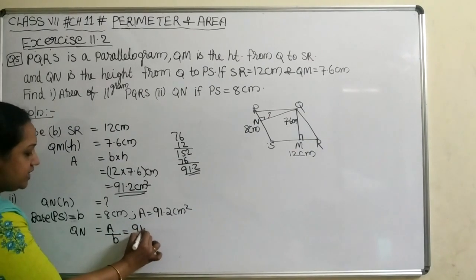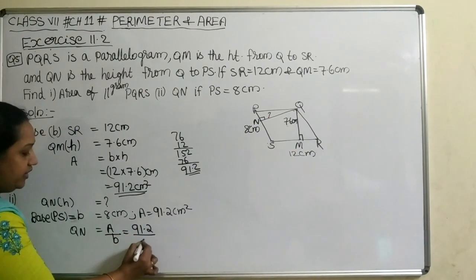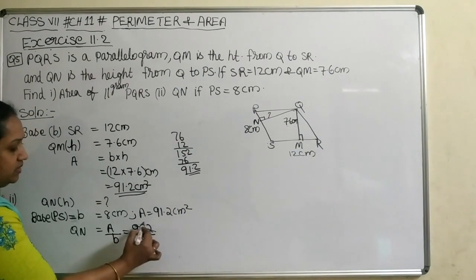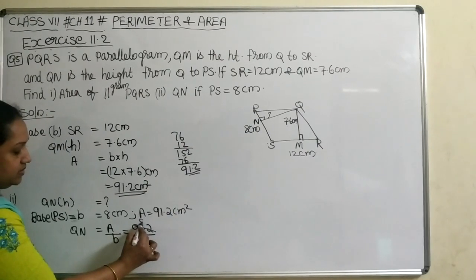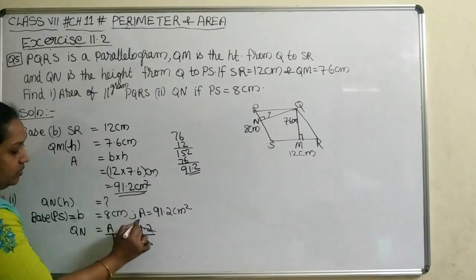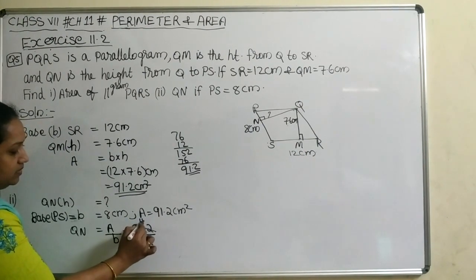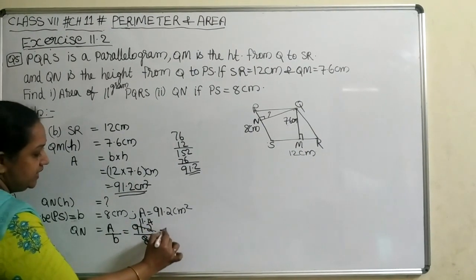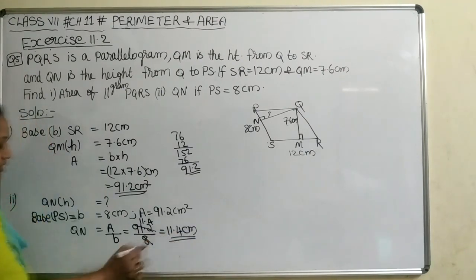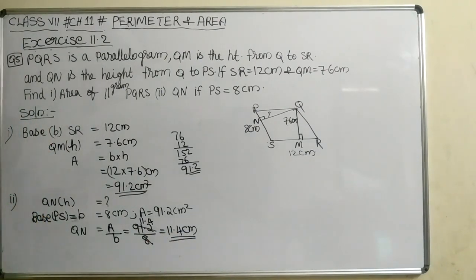Our area is 91.2 divided by 8. So we can cancel it. So we get the answer as 11.4 centimeter. So the perpendicular height QN is 11.4 centimeter.